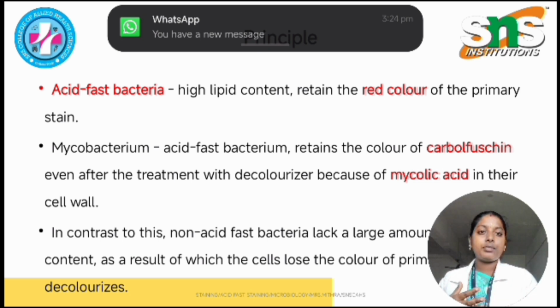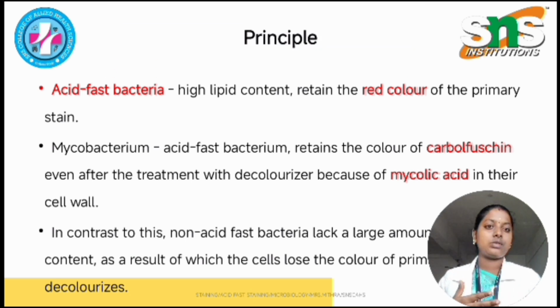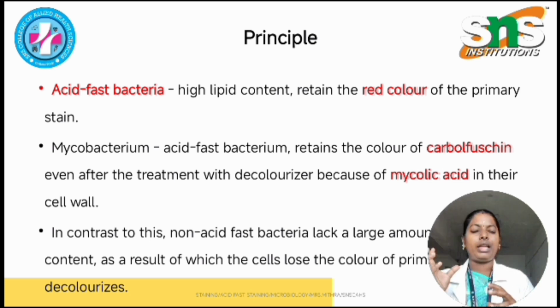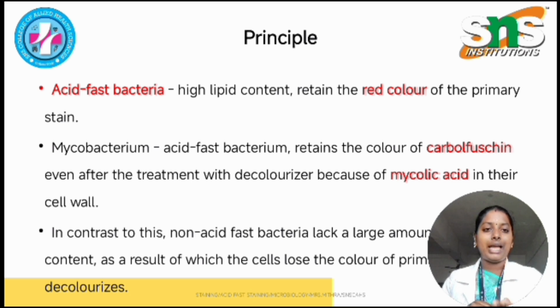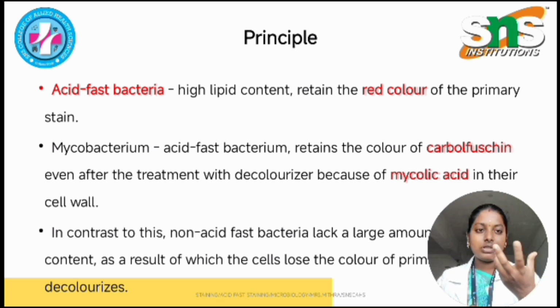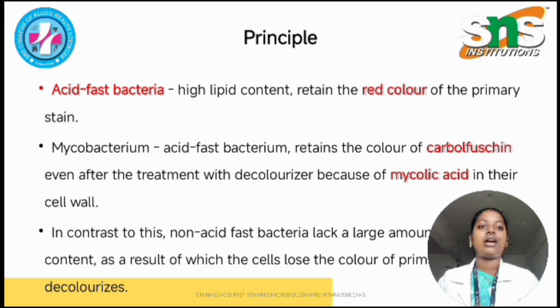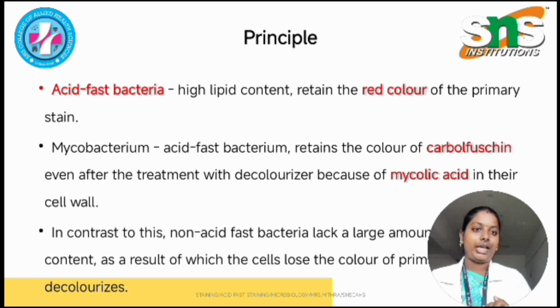So Mycobacterium species, the acid fast bacterium species, retain the color of the carbol fuchsin even after the treatment with acid alcohol. Even after adding the acid alcohol decolorizer, the acid fast bacteria will not lose the red color. It retains the red color fully even after adding the hydrochloric acid and ethanol.